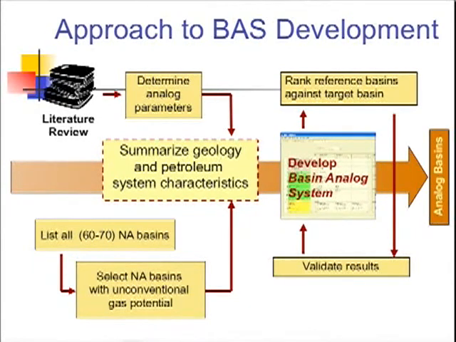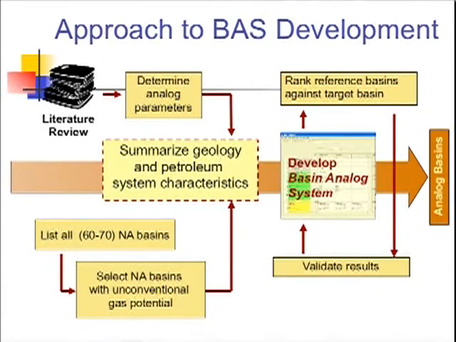How have we gone about developing this basin analogy software? Well, briefly, starting with a literature review, then determining parameters to use in our analog, important characteristics of these basins. We've looked at 60 to 70 North American basins as a starting point, identified those with significant unconventional gas potential.